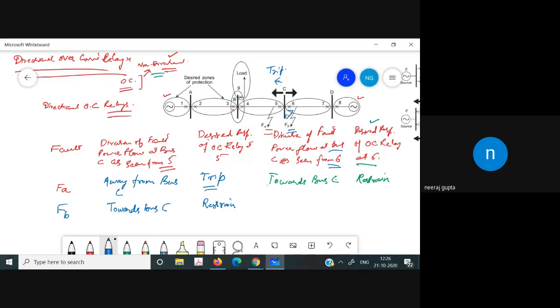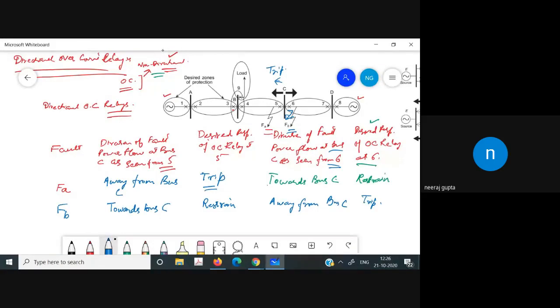So it is feeding that fault. So it is seeing it as a fault. So it will definitely trip. So then you can say that the fault power is moving away from the bus C. And then definitely it is within its zone, so it will trip.